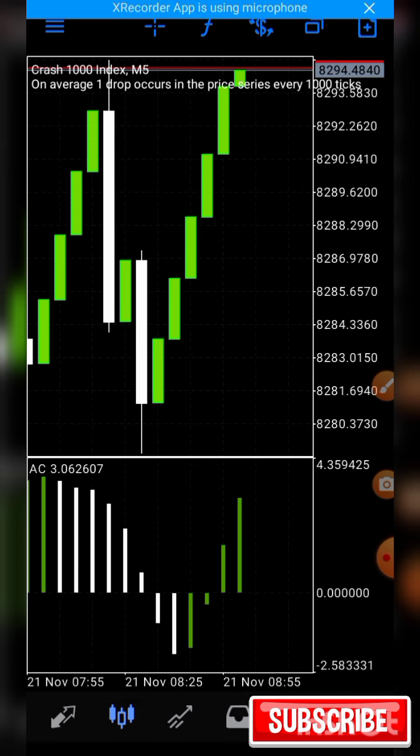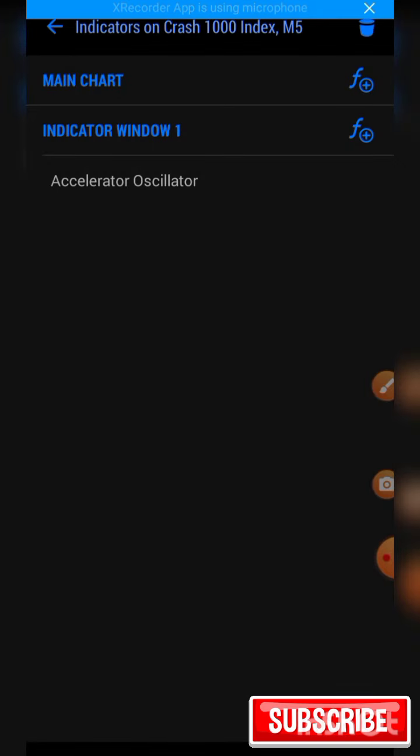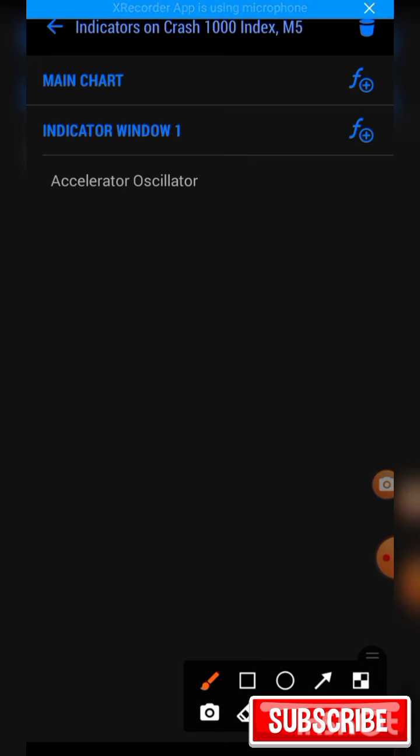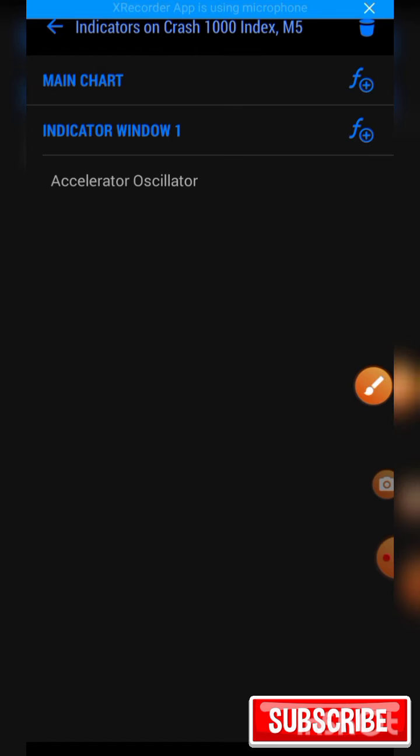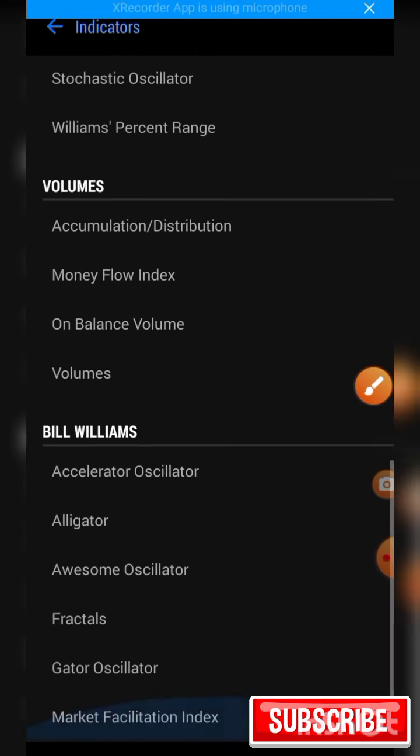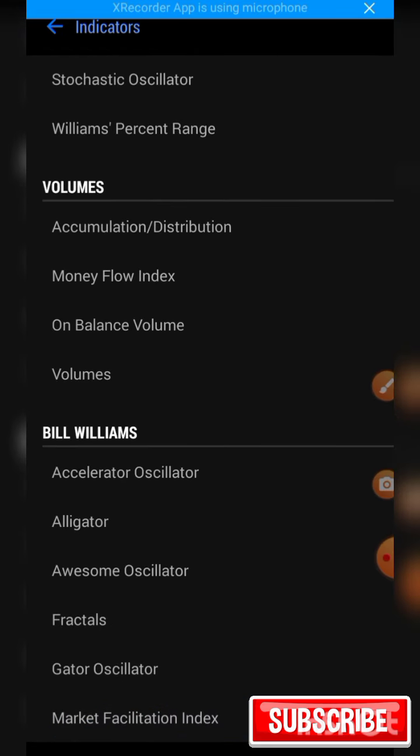You see the AC has been added. Now you go again to add the second indicator. You still click on that F sign here, then you click on main chart, this one here. Then you come down to Bill Williams indicators, and you select awesome oscillator, which is this one here.